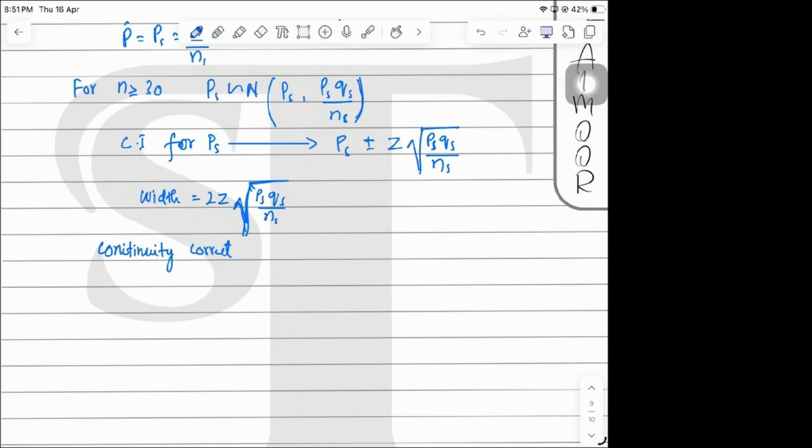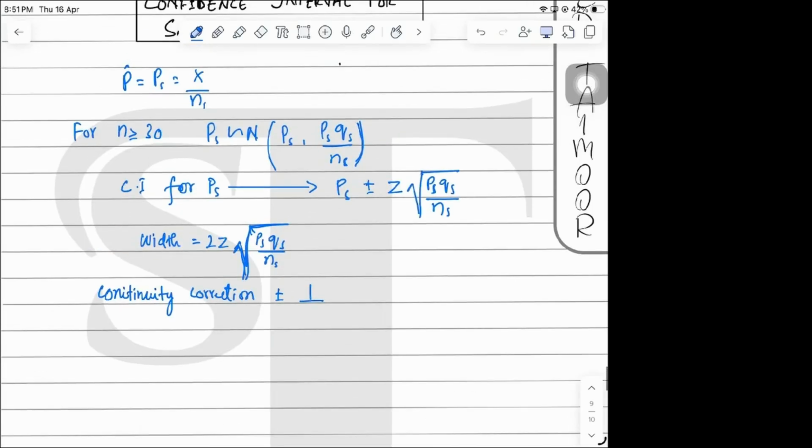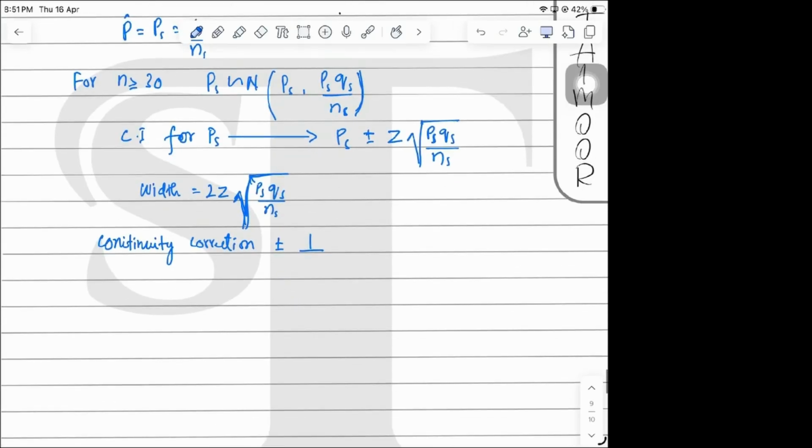We have discussed that one, no? For n greater than 30? Yeah. The formula for the continuity correction will be plus minus 1 over 2n, with n the sample size. Yeah, exactly, if finding probability.